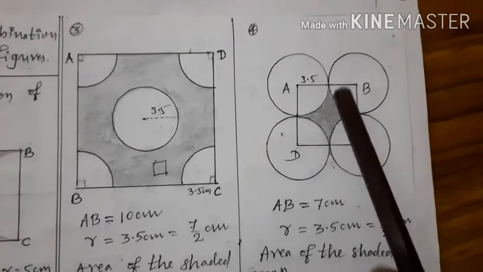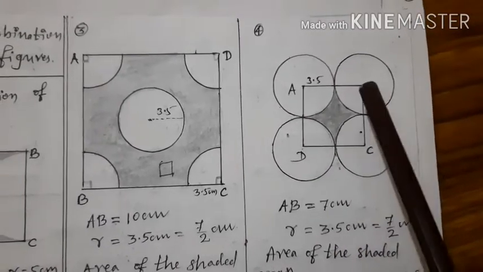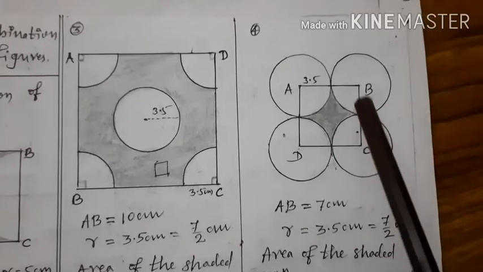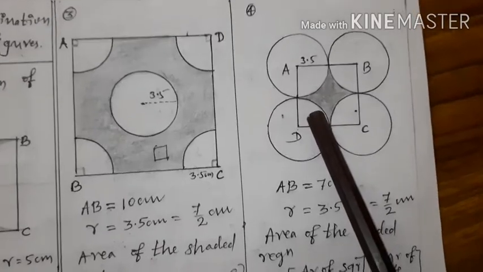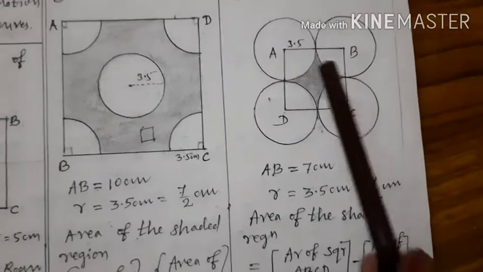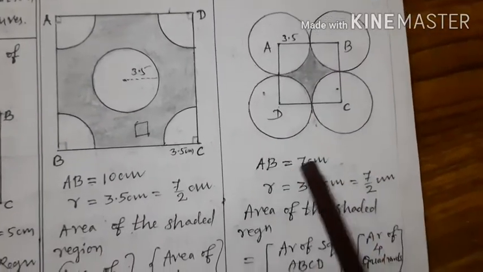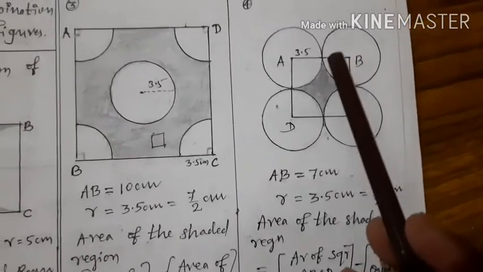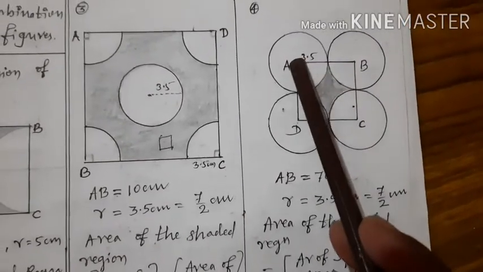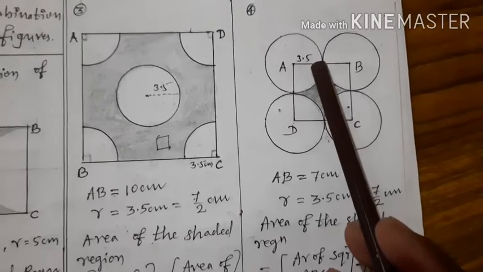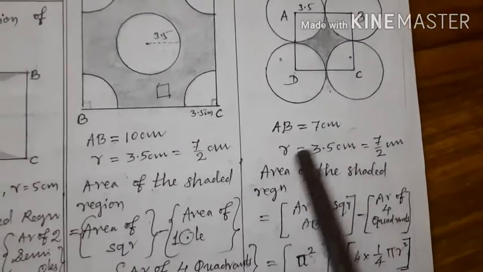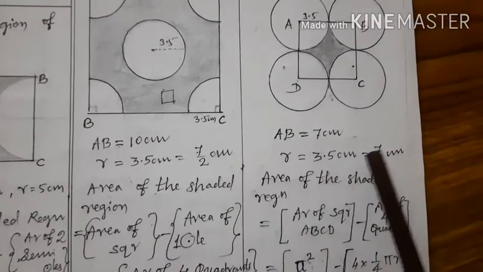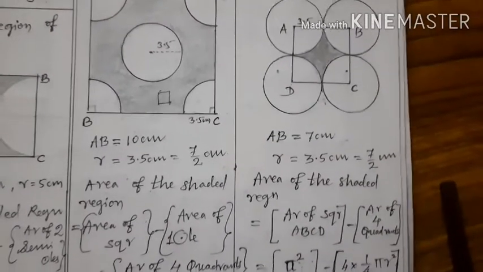So this is the combination of a square, 4 circles and 4 quadrants at each vertex of the square. Here they have given the length AB is 7 centimeter and half of this AB is the radius of the sector or circle. So AB is 7 centimeter, radius is 3.5 centimeter or 7 by 2 centimeter.